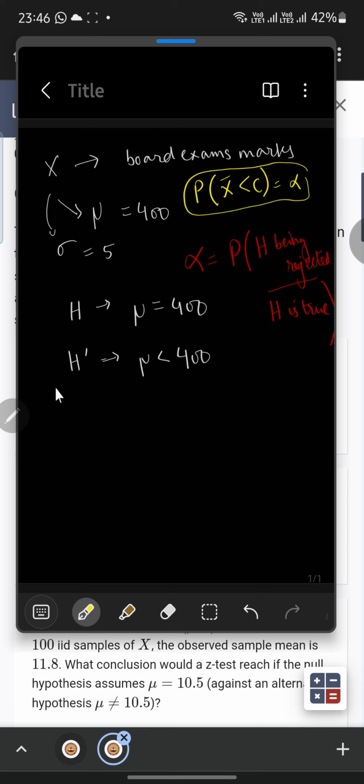So what we got there was that F of z of c minus 400, you can go back to the video to check these values, I'm sure it will be the same, is equal to the alpha, which is 0.05, and taking the inverse of that, or you can see that in the given diagram. Let me just recheck.